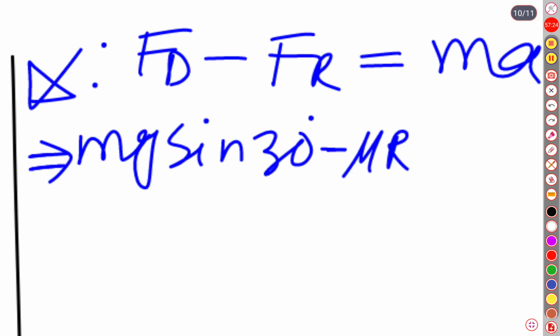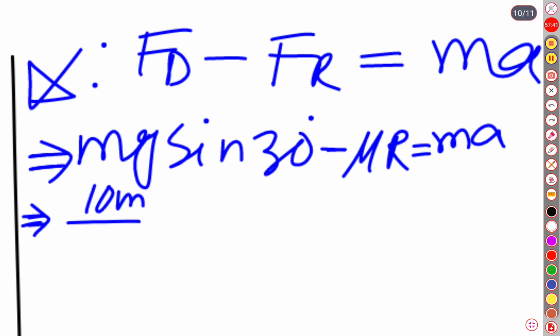Mass into acceleration, acceleration is to be obtained. Mass is m, and sin theta is half, so it is going to be 10m over 2 minus our mu. We have already obtained mu.